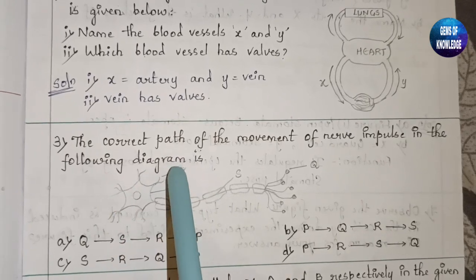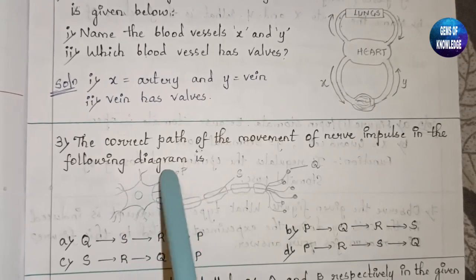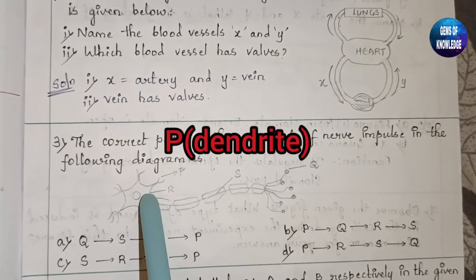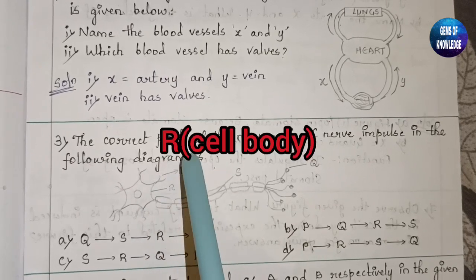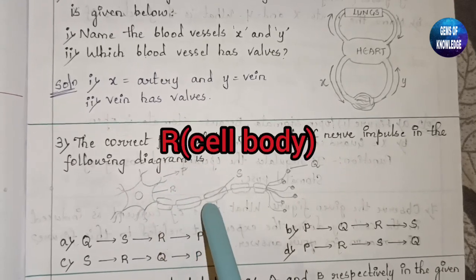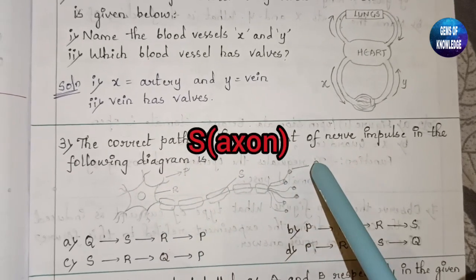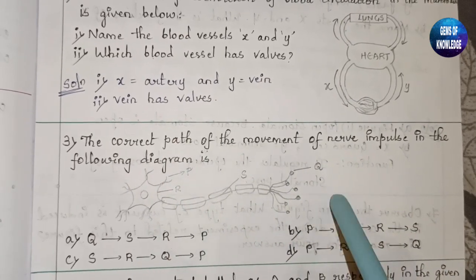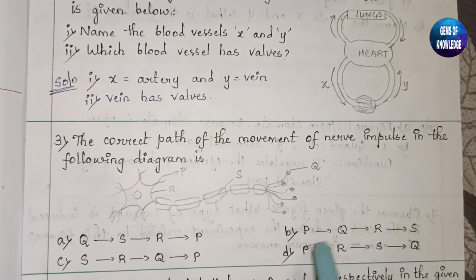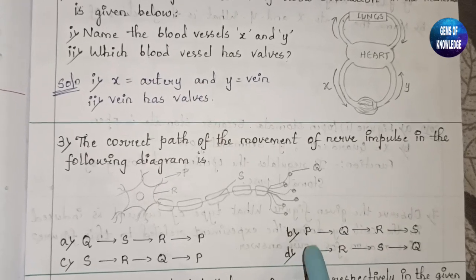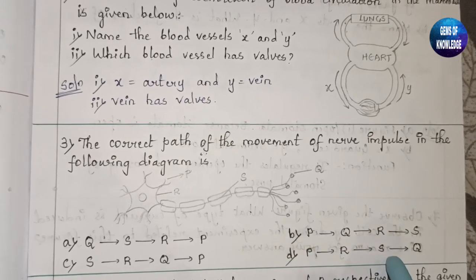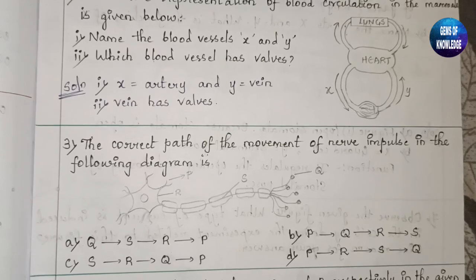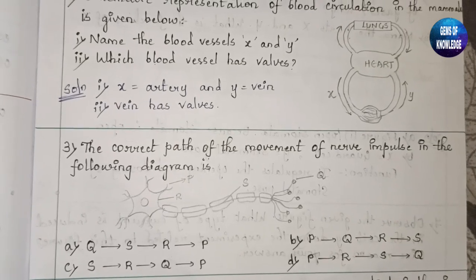As we all know, the nerve impulse comes to this part P first, then to R, then to S, and finally to Q. So which one is the correct one? Option D shows P to R, R to S, and S to Q. So the correct answer is D.